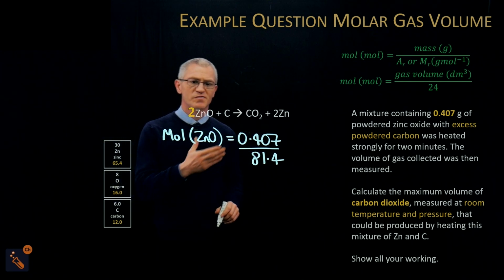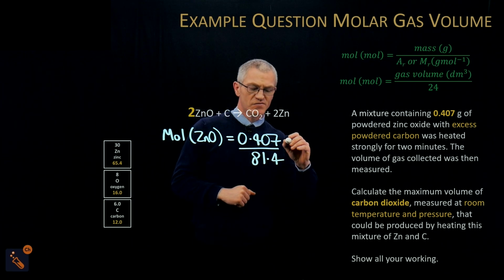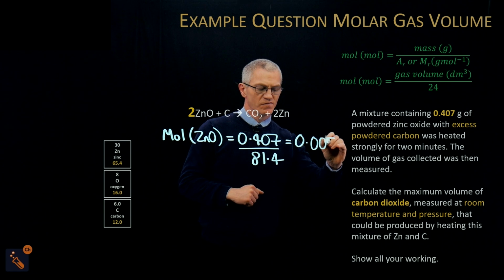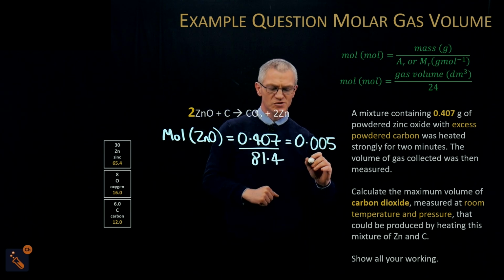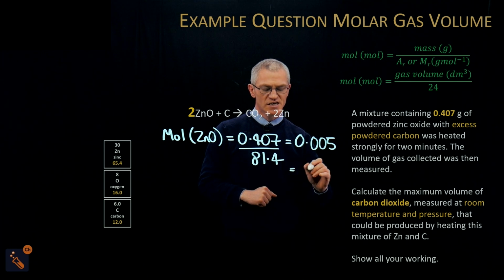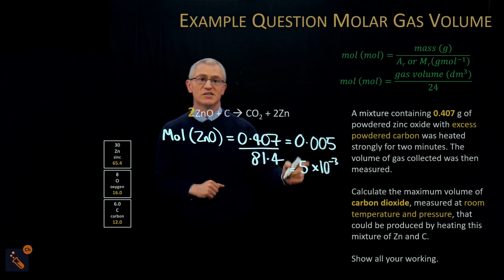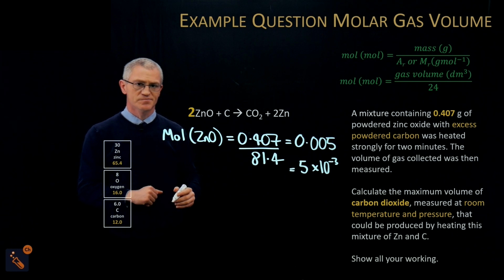Put that in your calculator right now, and you will get 0.005. Now, I encourage you to use standard form if you've got anything with more than 2 decimal places. So this is 5 times 10 to the minus 3, so that's 5 times 10 to the minus 3 moles of zinc oxide.